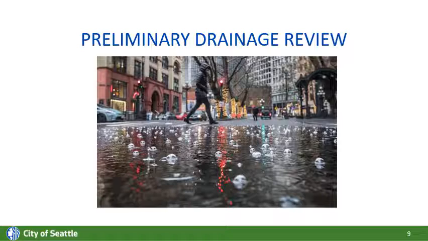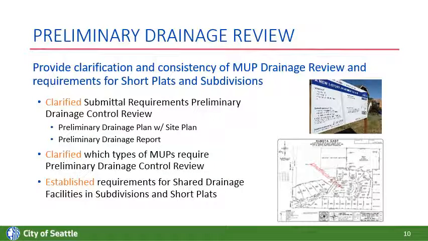So let's talk a little bit about thresholds for preliminary drainage review. Again, this is for master use permits and when we require drainage review for those applications. So the 2021 manual has some clarification on preliminary drainage review and different requirements that may occur at the master use permit stage for more complex design review.